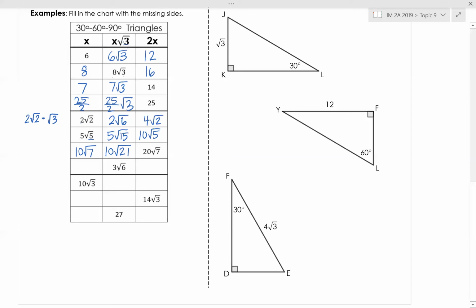So if I have 3 times radical 6 as something that I multiplied by radical 3 to get, that means that if I divide the number inside the radical by 3, that's going to give me 2 for the radical value. So 3 radical 2 is the short leg of that triangle. And then always to get the hypotenuse, I multiply the number outside by 2. So that's going to be 6 times the square root of 2 for the hypotenuse of that special right triangle.